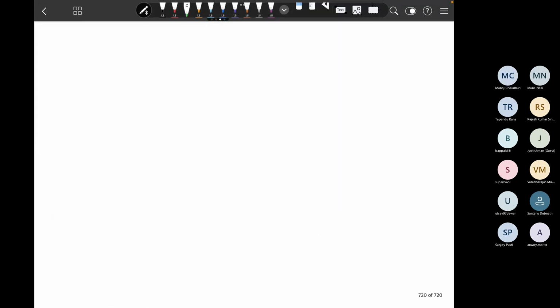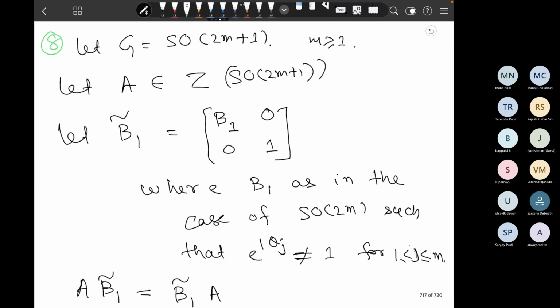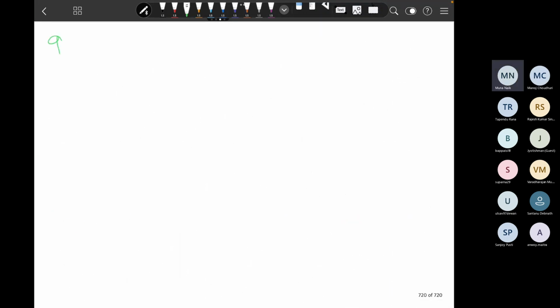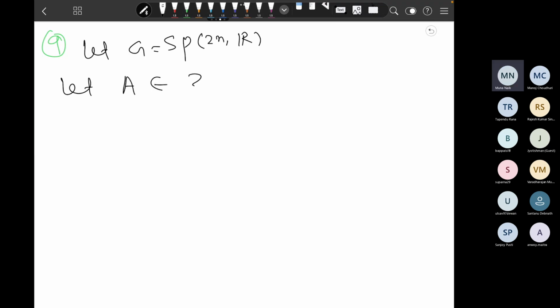Yes. Okay, so let us do one more example. Now let us do it for Sp2n(R). Let G be equal to really Sp2n(R). So let A belong to Z of Sp2n(R).